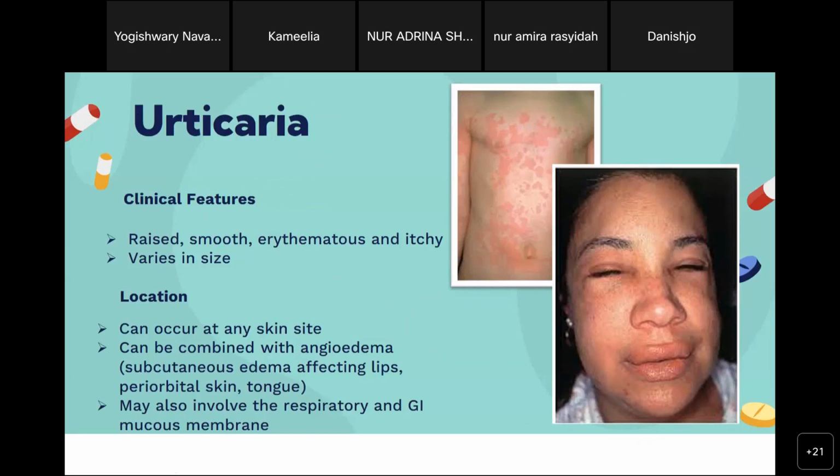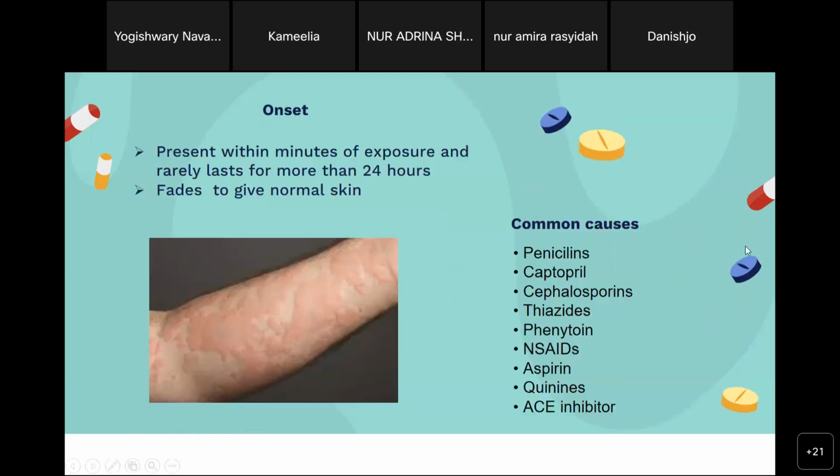They may also involve respiratory and GI mucous membranes. These urticaria usually present within minutes of exposure, and they rarely last for more than 24 hours. They do not leave any scars, so it fades to give normal skin.